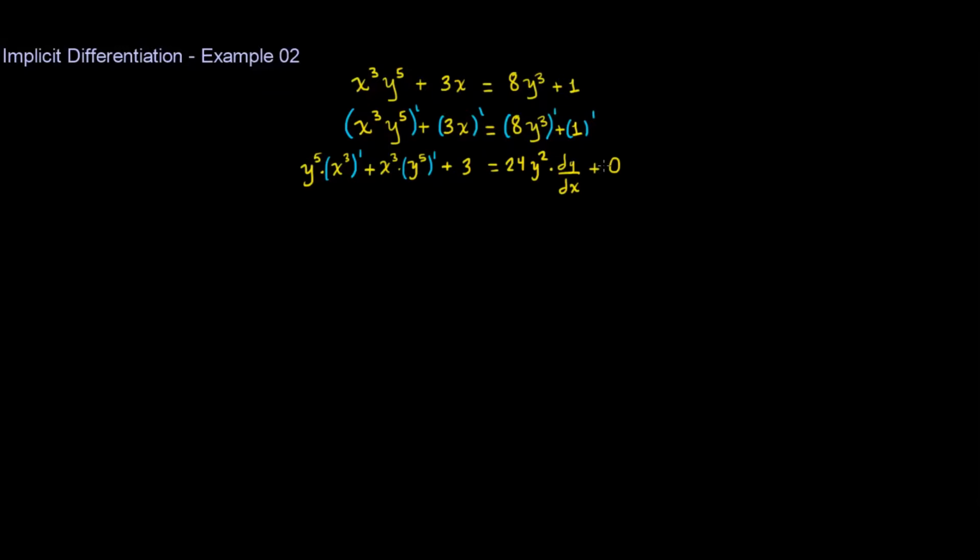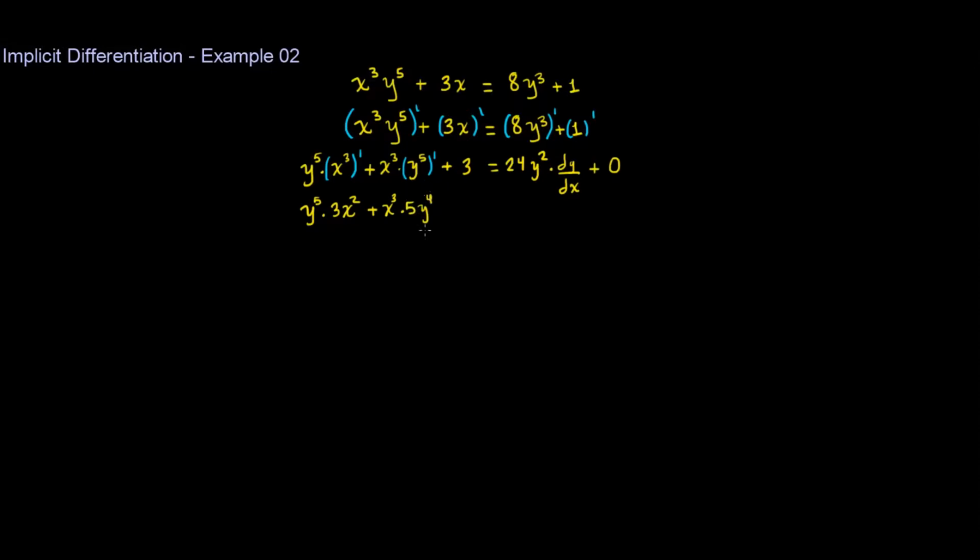So, okay, now let's see. I'm going to take the derivative of the first two. This product over here. The first term will be y to the fifth times 3 times x squared, plus x to the third times the derivative of y to the fifth, which is 5 times y to the fourth.